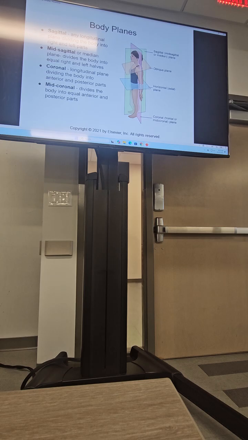When we are describing the body position, for example, the patient is standing, and to describe that there is no rotation of the body, we say MCP is parallel to the image receptor. Does it make sense? Yes.